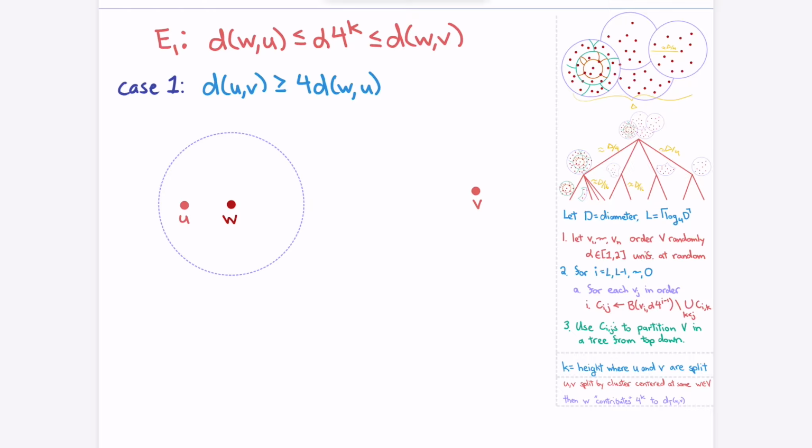Just gotta do some geometry and stuff. Okay, so assume there's some K where this is kind of good.